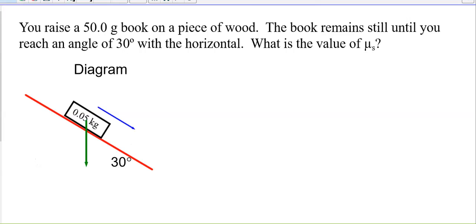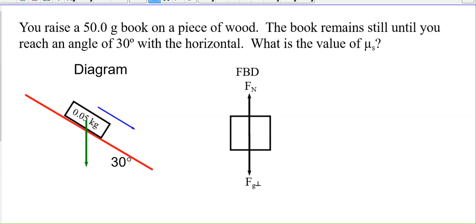So to start off, consider the forces that are involved. You've got your weight, and your weight, of course, is going straight down. So as far as your free body diagram is concerned, you would consider rotating your axis such that you are mainly dealing with your parallel and perpendicular plane. So perpendicular to the plane, your normal force will go straight up.